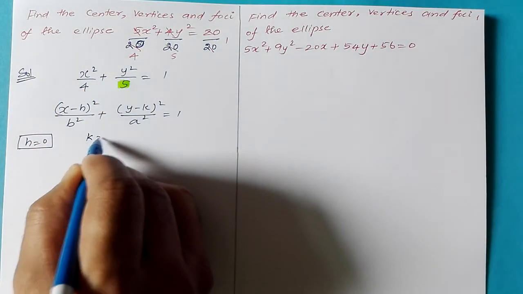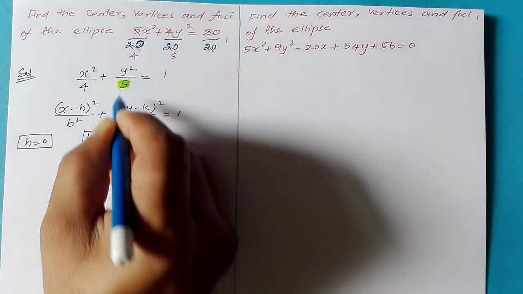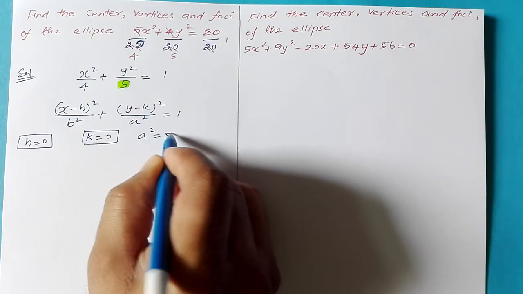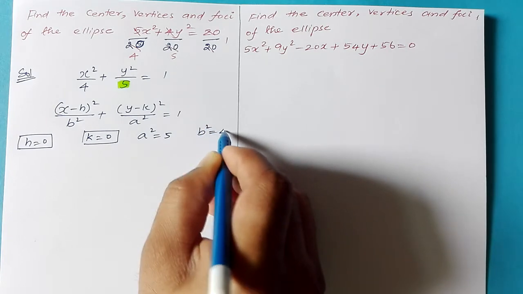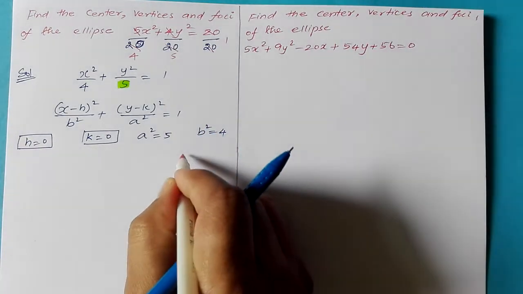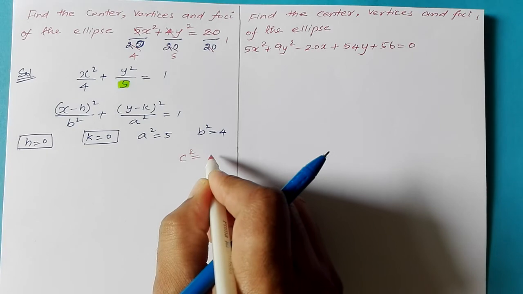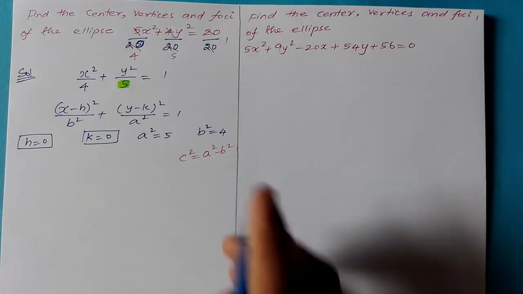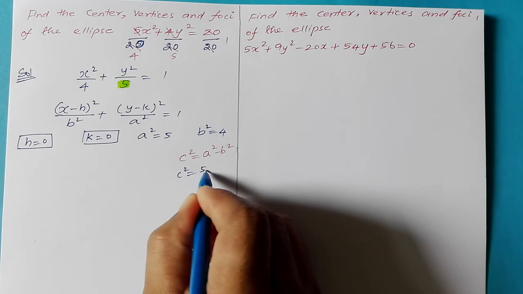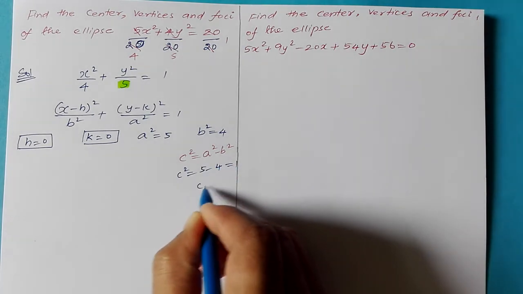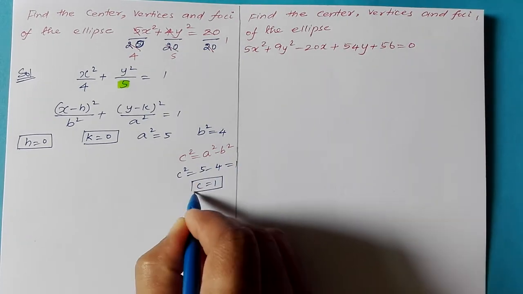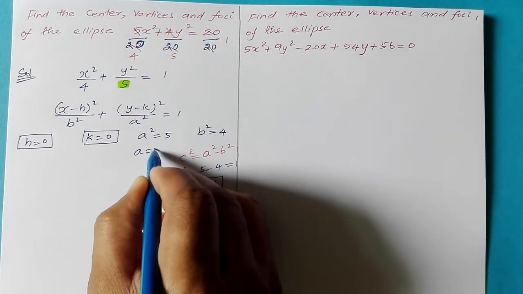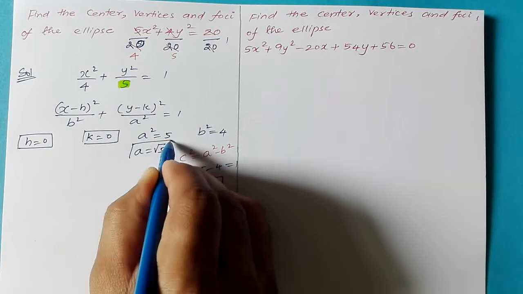Now k, which is 0. And what about a square, which is equal to 5, b square, which is equal to 4. What is c square value? It is a square minus b square. c square is 5 minus 4, which is equal to 1. If you take square root, the same answer you will have. Now what is a? Take root 5.